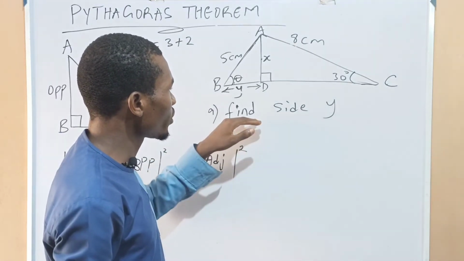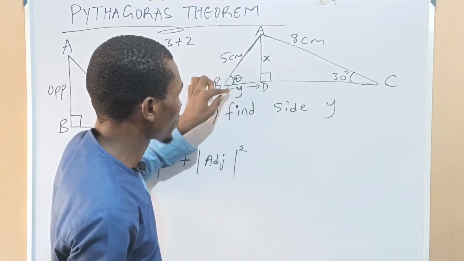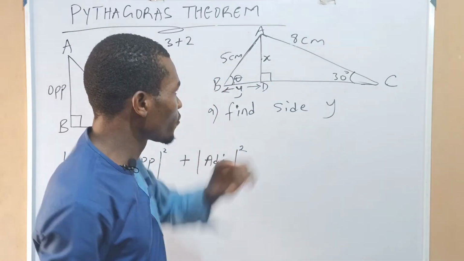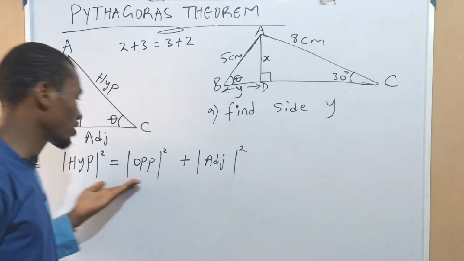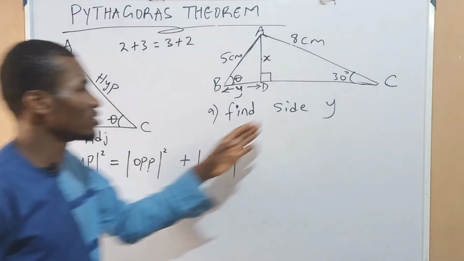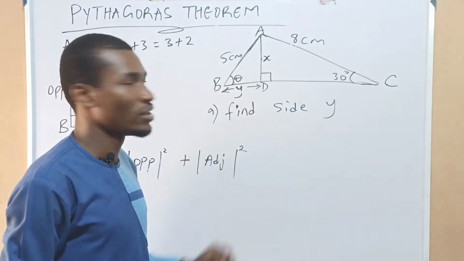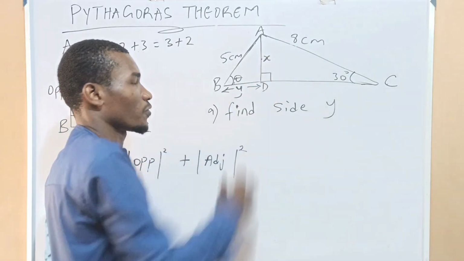Alright, before we go into finding this given side Y, we should first of all know our side X, such that we can now apply this Pythagoras theorem to find this given side Y. So how do we find X first of all?